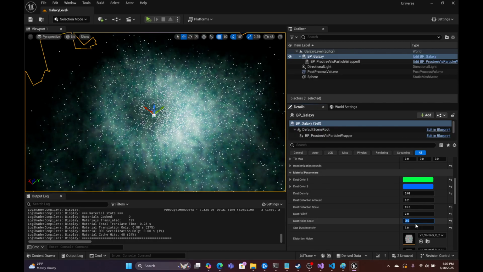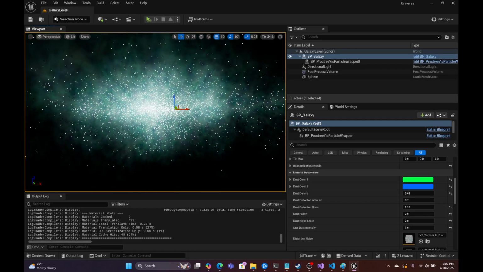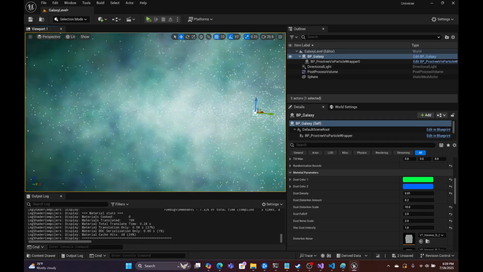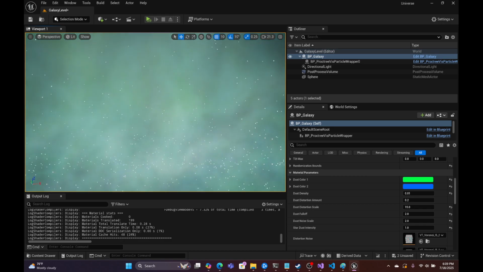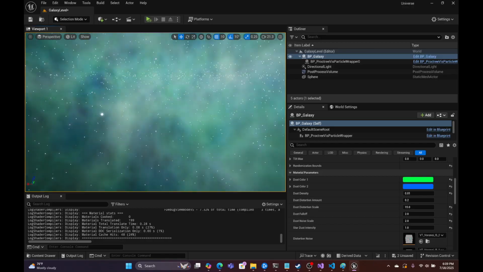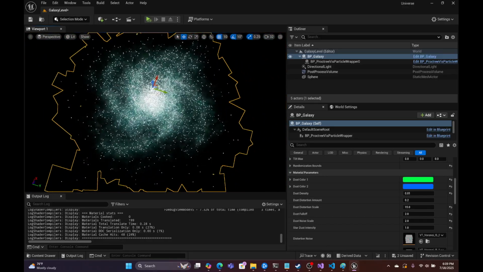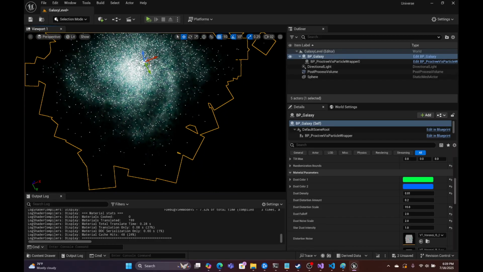Yeah, that's too small. The only problem with this is that it's too bright when you're in the middle of it, but I guess we could control that by reducing the density of the noise.